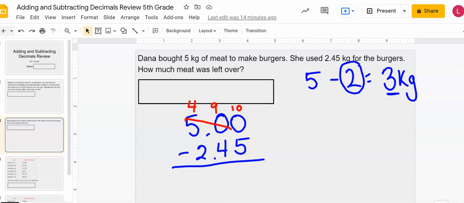So 10 hundredths minus 5 hundredths is 5. And now tenths, 9 tenths minus 4 tenths is 5 tenths. So I'm going to put my decimal here. And 4 ones minus 2 ones is 2.